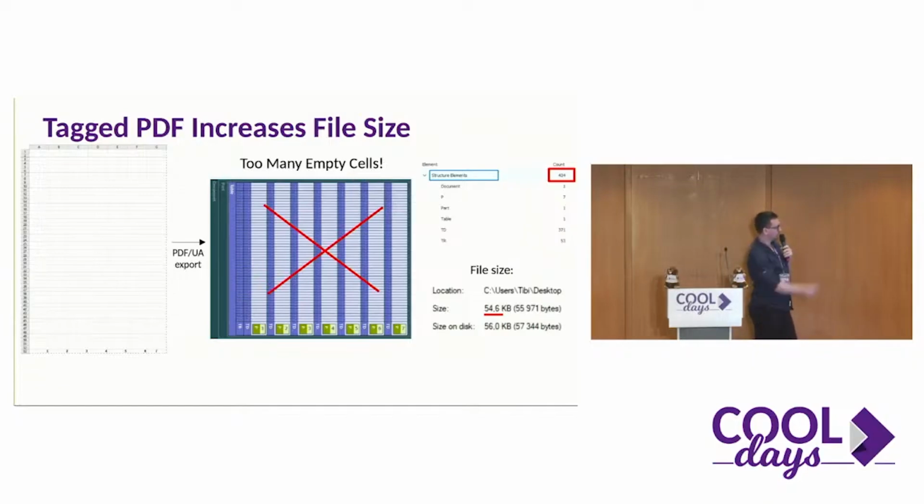We can see that we just need the document element, part element, table element, just one table row, and the 7 paragraph, 7 table data structure elements. So it unnecessarily exported a lot of empty cells, and therefore the number of structure elements was also over 400.